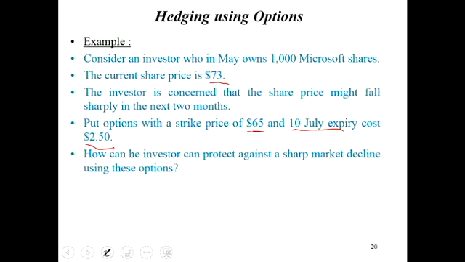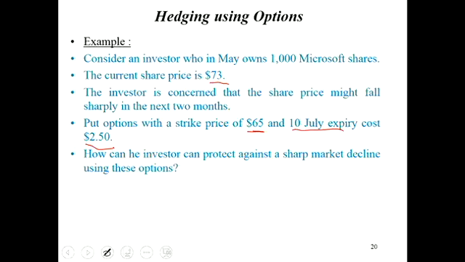So if they are concerned about a big drop in the price and they want to hedge that, there are various ways of doing it, but if you wanted to use an option, you want a put option because that's the one that gains value for you. You want to go long on the put because that gains you value as the asset price goes down.